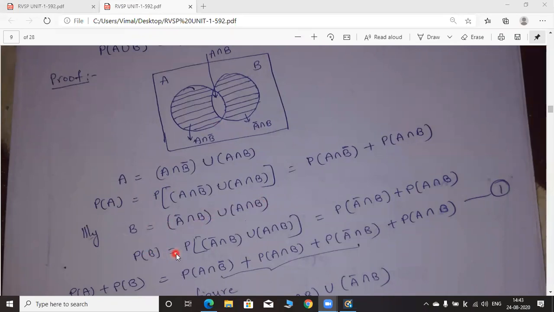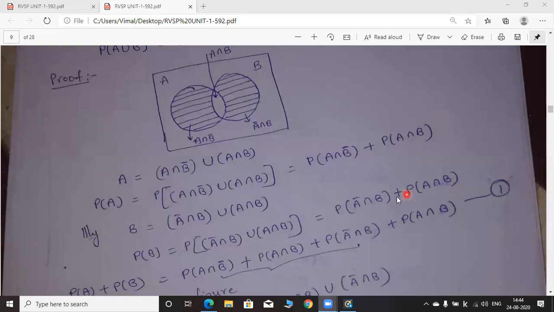Probability of B is equal to probability of A bar intersection B union A intersection B. Here union means after applying probability you can add the two terms. So this can be written as probability of A bar intersection B plus probability of A intersection B.